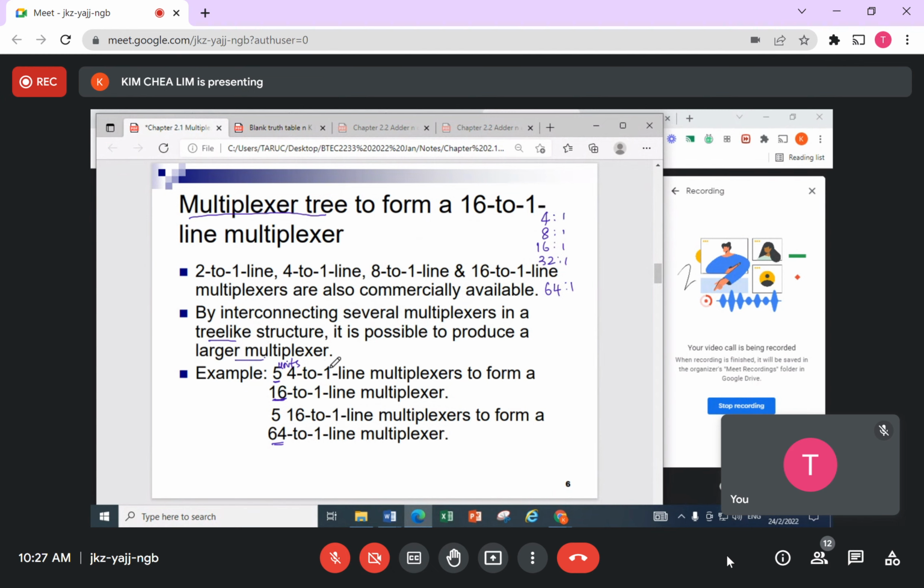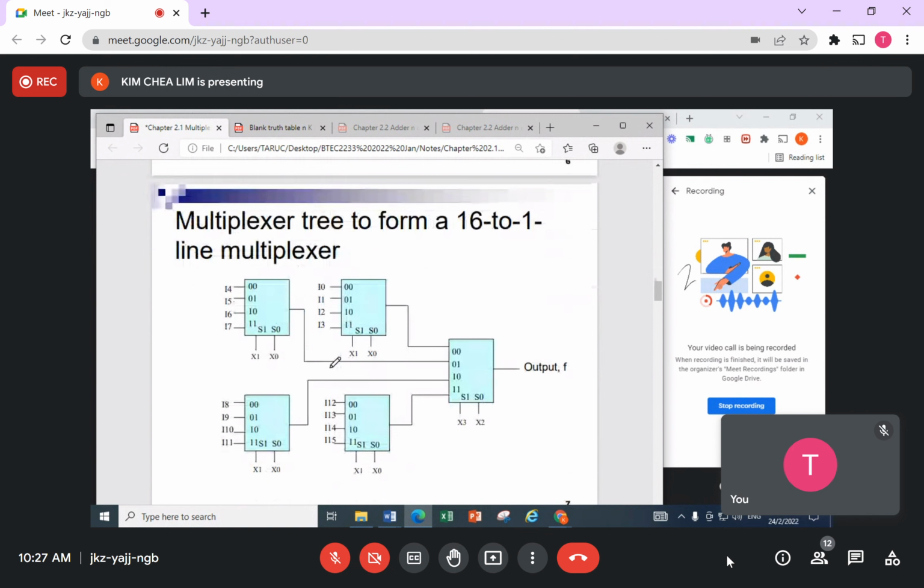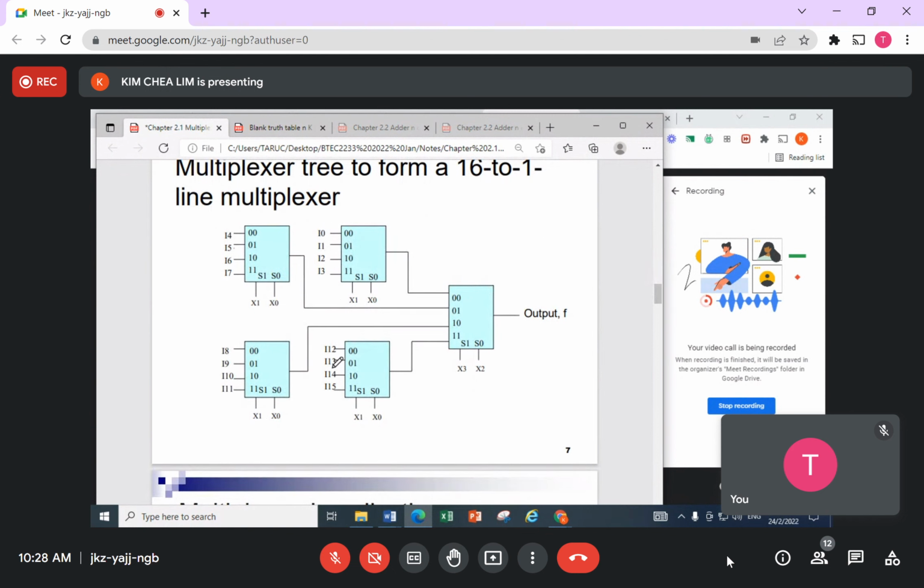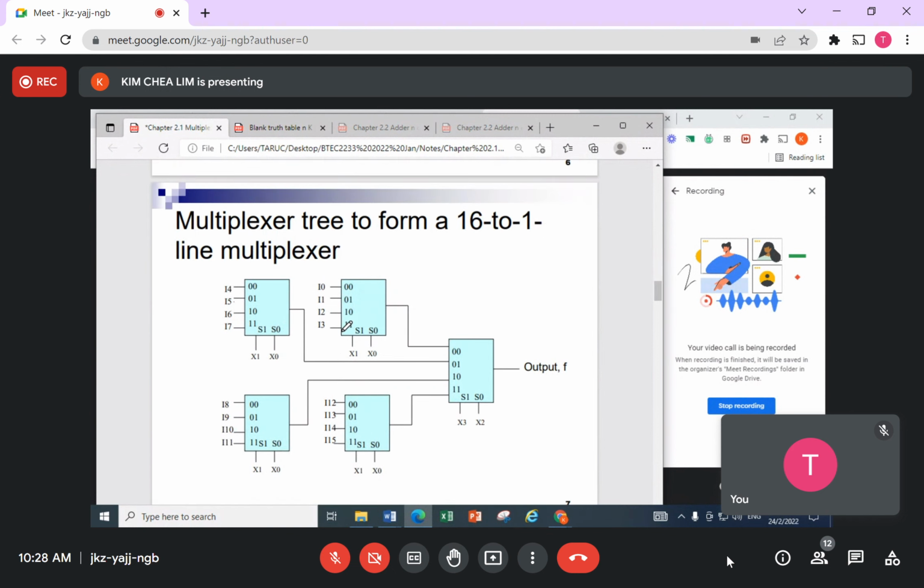All right. So you find that now my multiplexer here is 16 input. But I don't have a 16-input multiplexer, but I have a lot of 4:1 multiplexers. So what I am going to do here is I use 5 of them. So this is my first level, and this is my second level.